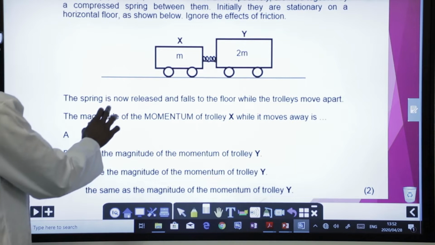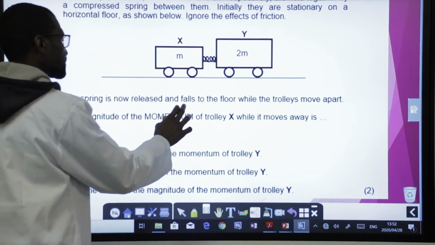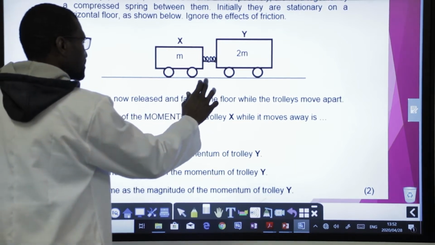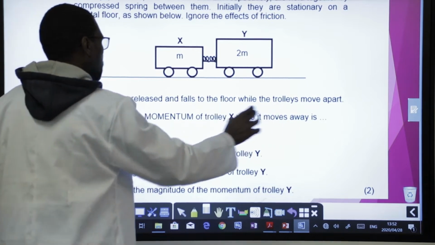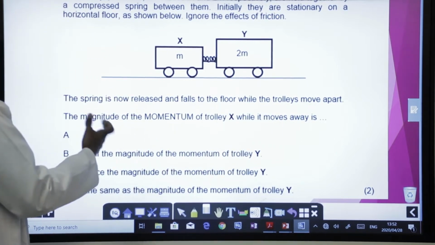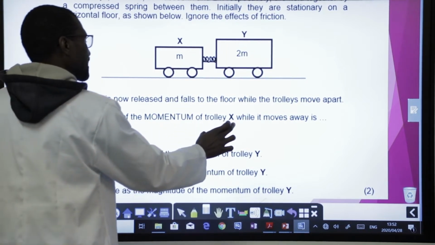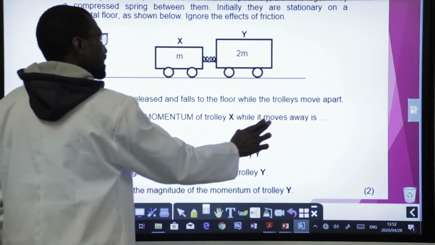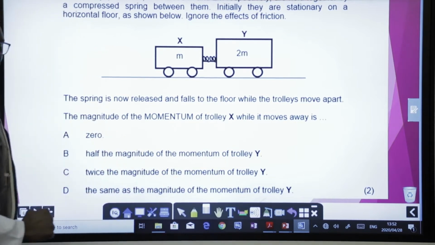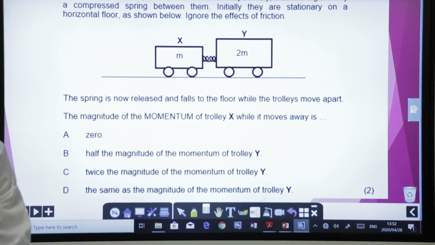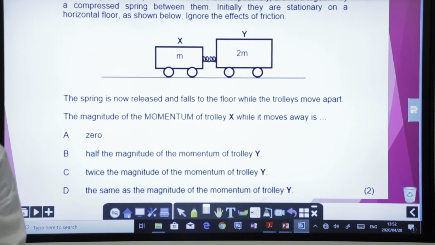The spring is now released and falls to the ground while the trolleys move apart. The magnitude of the momentum of trolley X while it is moving away is, so we have these two trolleys that are moving away from each other.